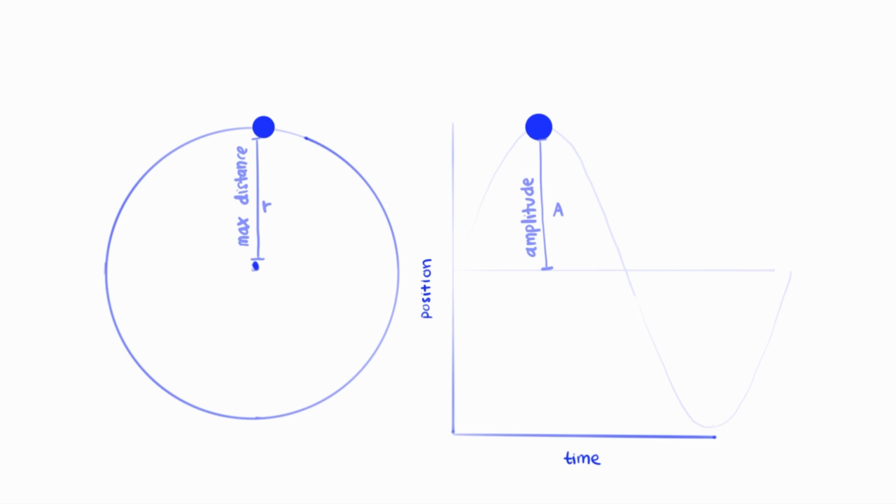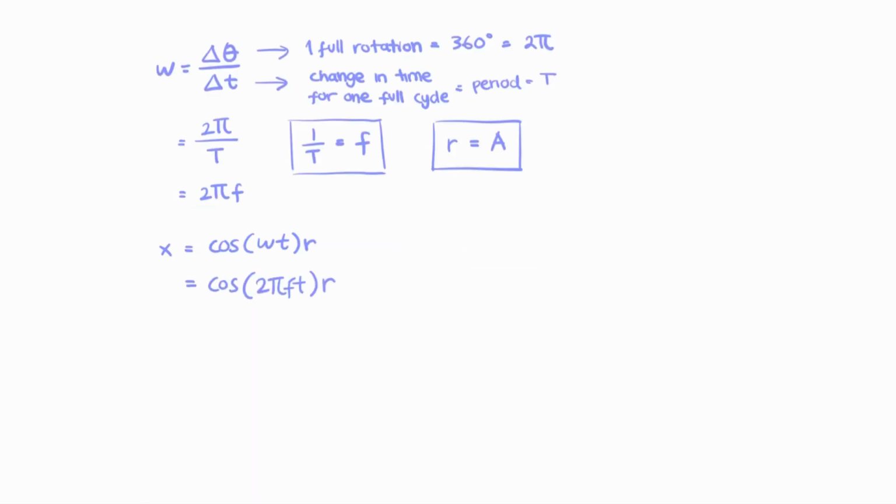This means that the radius is equal to the amplitude of the wave. This is the same in the x position. Now, knowing that the radius equals the amplitude, we can resubstitute the radius for amplitude, making our final equation x position equals cosine of 2 pi radians times frequency times time, multiplied by the amplitude of the wave.